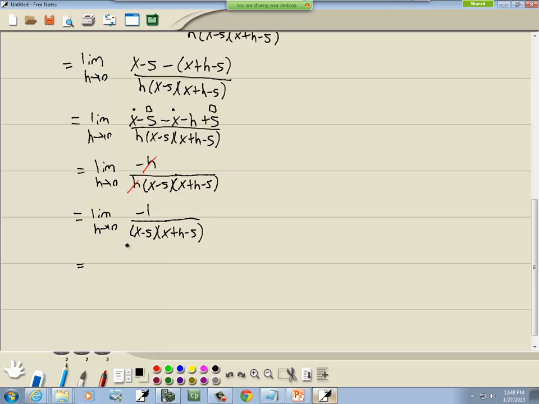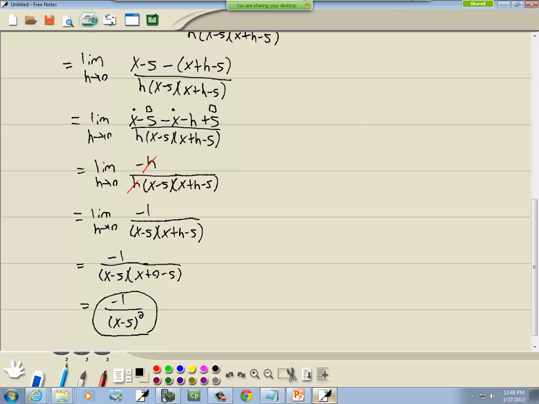We can now plug 0 in for h, just a direct substitution. So I get negative 1 over x minus 5 times x plus 0 minus 5. Well, this is x minus 5 and this is x minus 5, so this becomes negative 1 over x minus 5 squared. And that's our derivative.